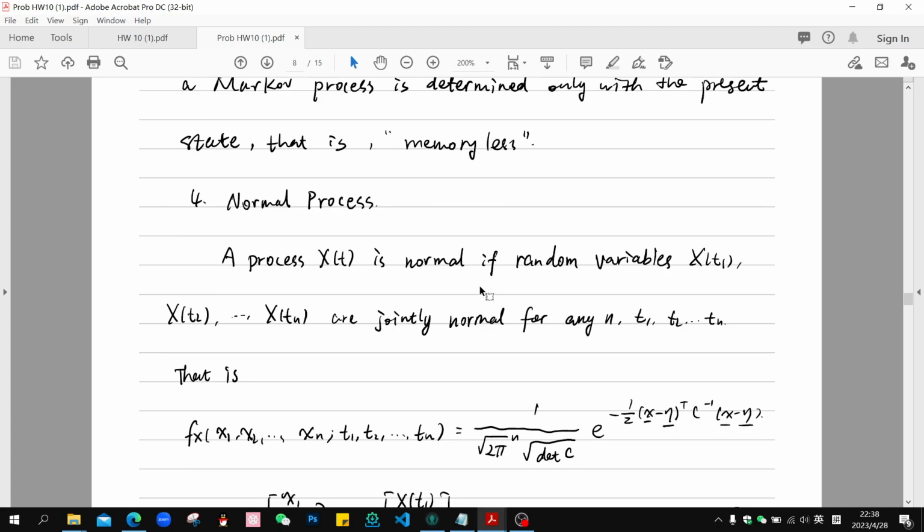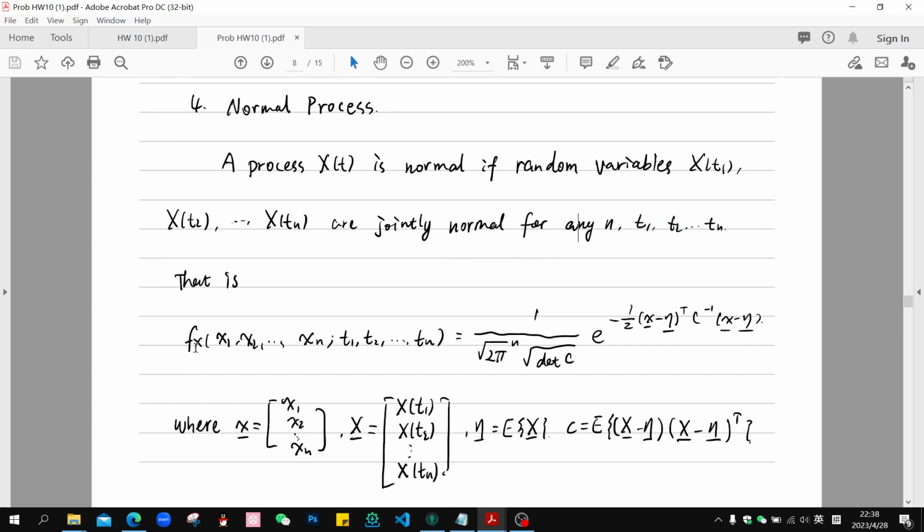A normal process: a process x(t) is normal if the random variables x(t1), x(t2), up to x(tn) are jointly normal for any n, t1, t2 to tn. That is, it has this density function.